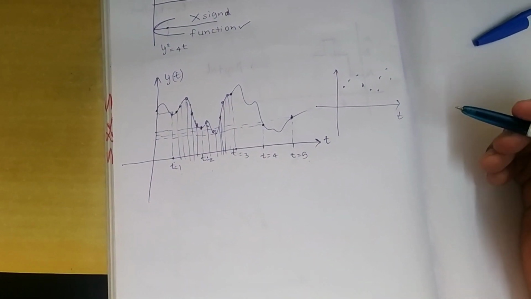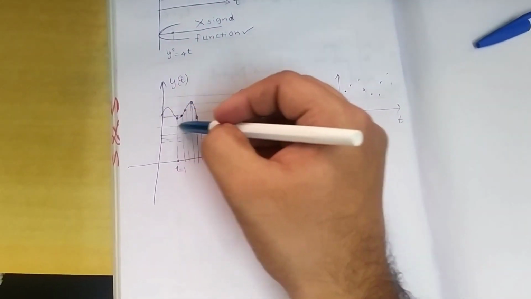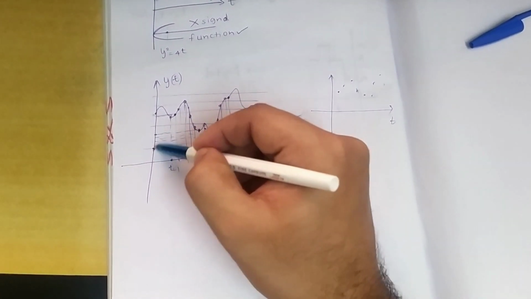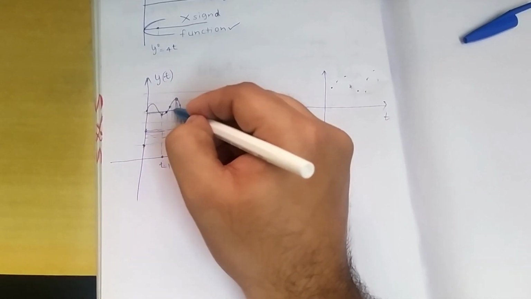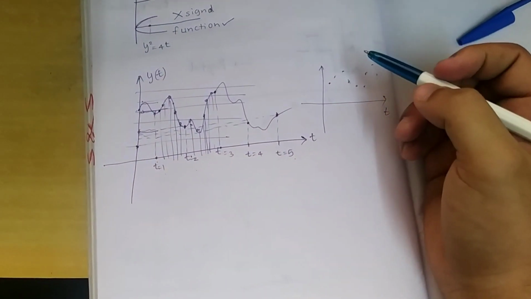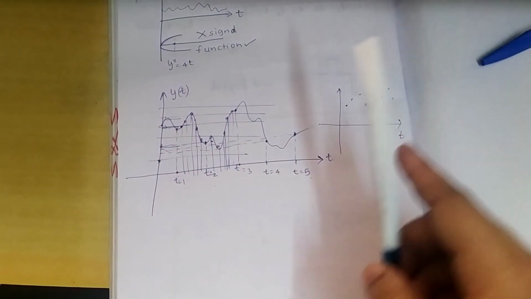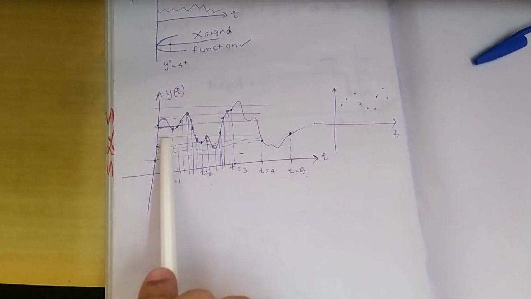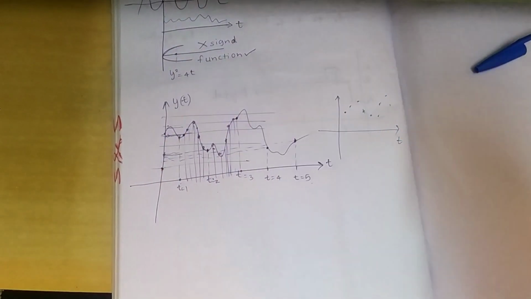And what do we mean by quantization? If you put different levels in the y-axis and segregate the values, whatever lies between this and this is taken as this value, whatever lies between this and this will be this value. If you segregate it like this, it's going to be a digital signal. After sampling, if you segregate the values according to the different amplitudes in the y-axis, it's a digital signal.